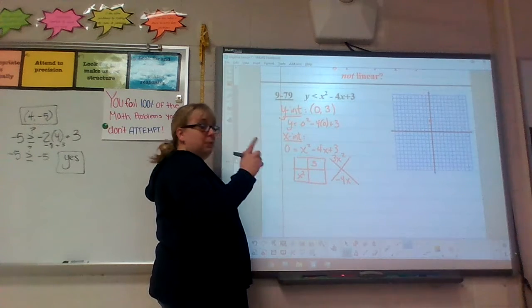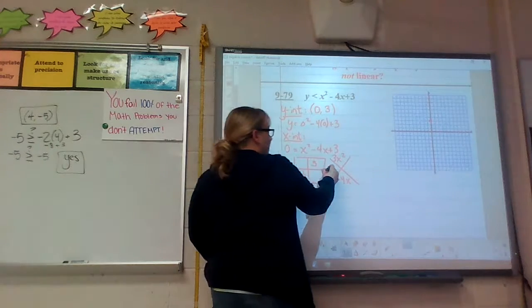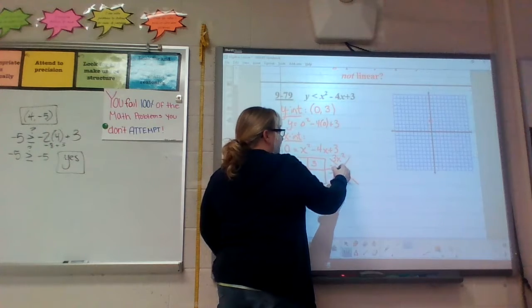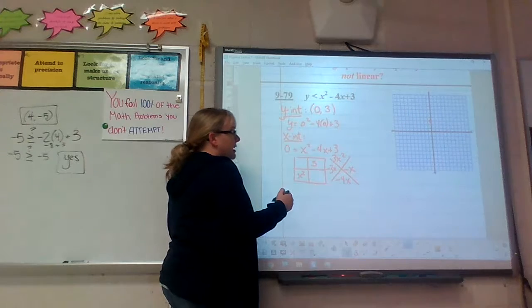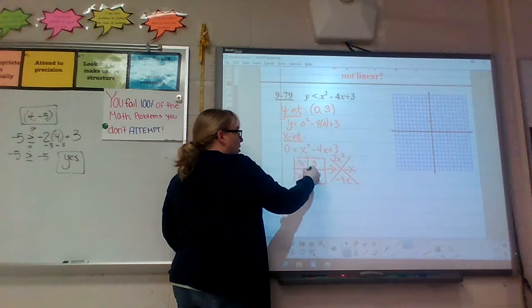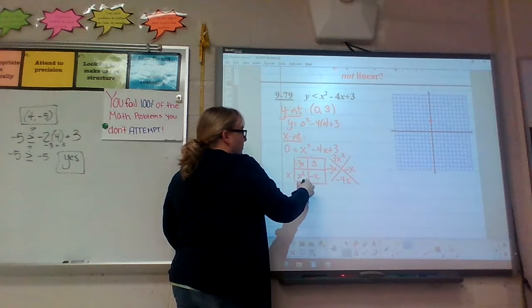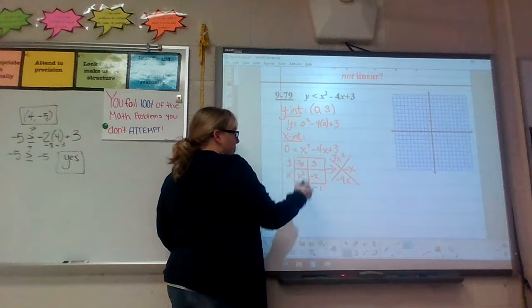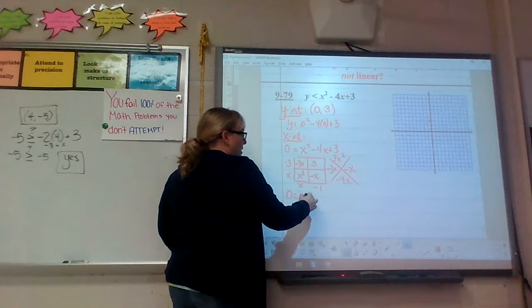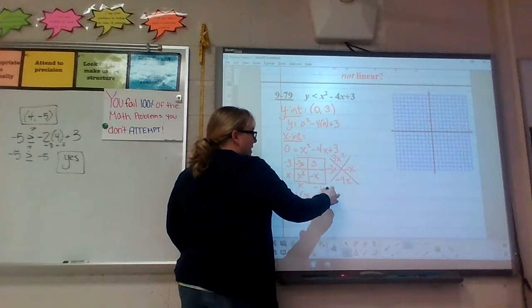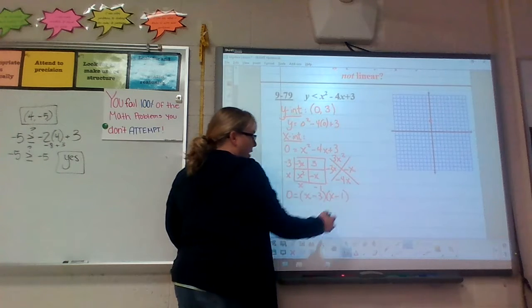Two numbers that multiply to a positive but add to a negative both have to be negative. So my options are only negative 3x and negative 1x, which does work. So then I can fill in the outside of my diamond to get my factored form. Factored form is x minus 3 times x minus 1.